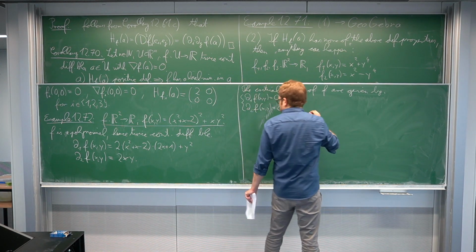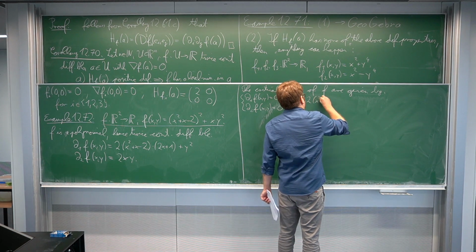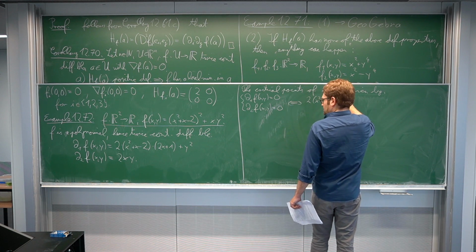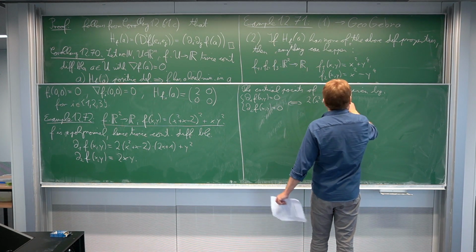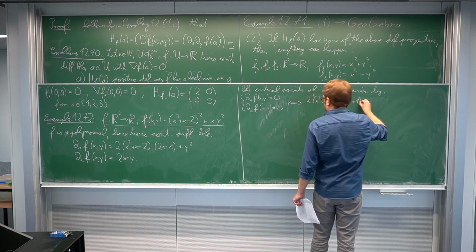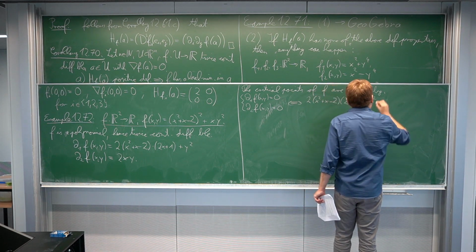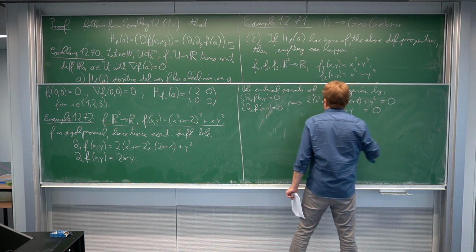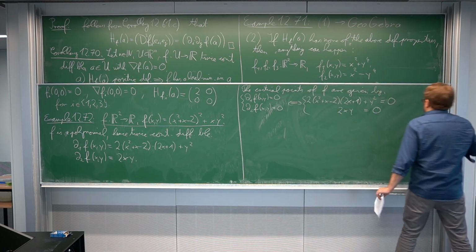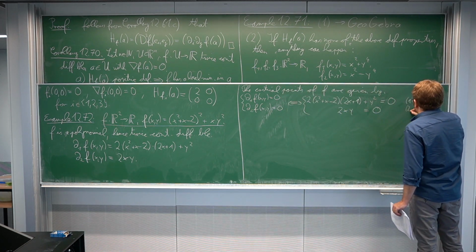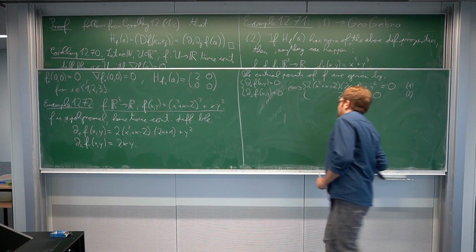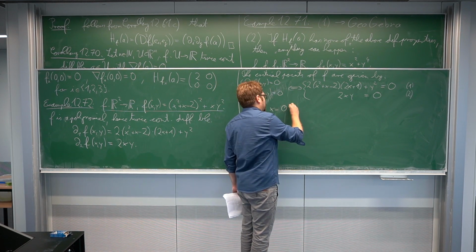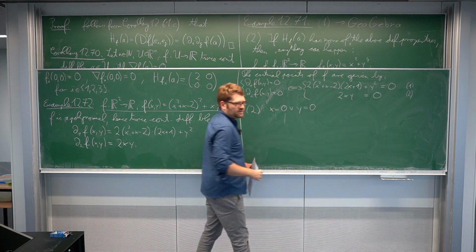By this computation, that is 2 times (x squared plus x minus 2) times (2x plus 1) plus y squared must be equal to 0, and then 2xy must be equal to 0. Let me call them equation 1 and equation 2. The second one is of course easier. By 2, this holds if and only if either x is 0 or y is 0. One of them must be 0.